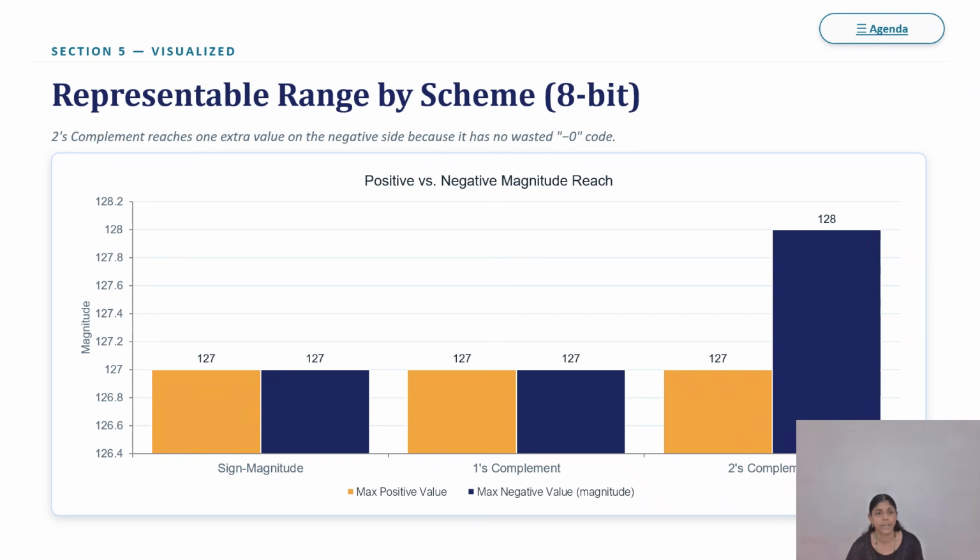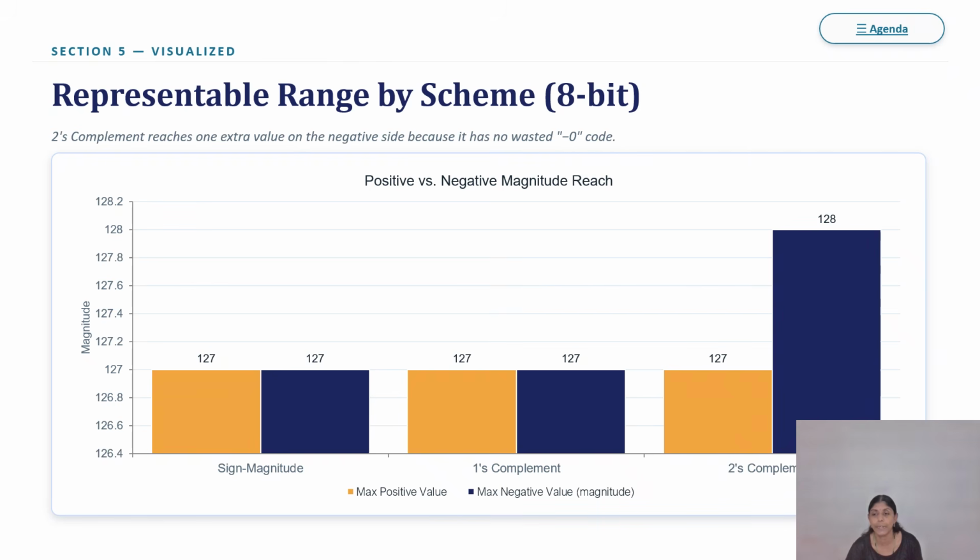Here I have given you the representation of range by scheme. It is a visualized part. I hope you can remember. I have used two colors, one is blue and another is orange. The blue color is the maximum negative value and the orange color is the maximum positive value. You have three schemes, which I discussed in the first slide. One scheme is signed magnitude, the second scheme is 1's complement, and the third scheme is 2's complement.